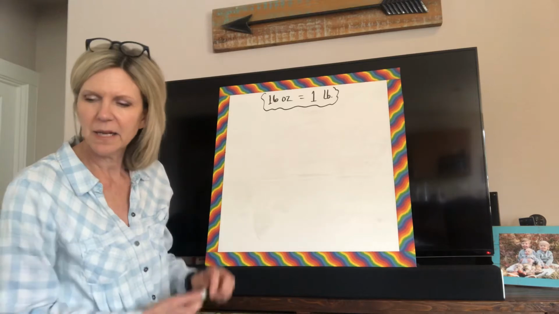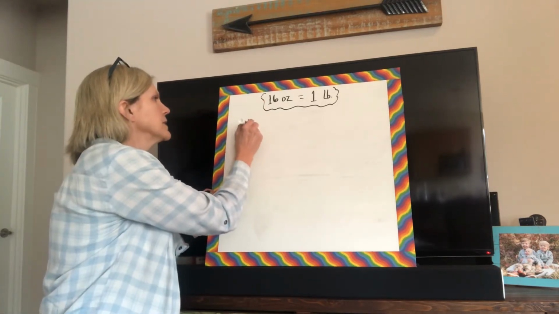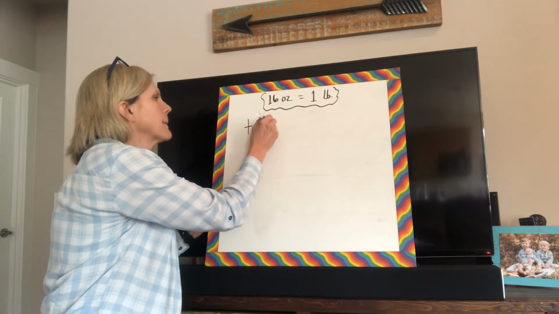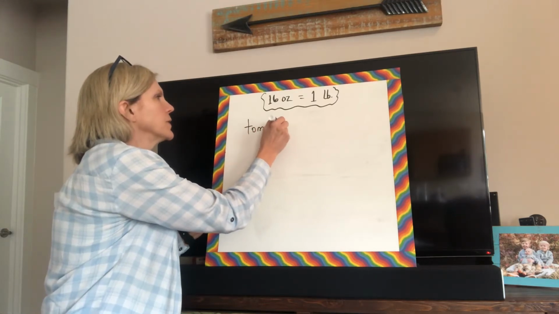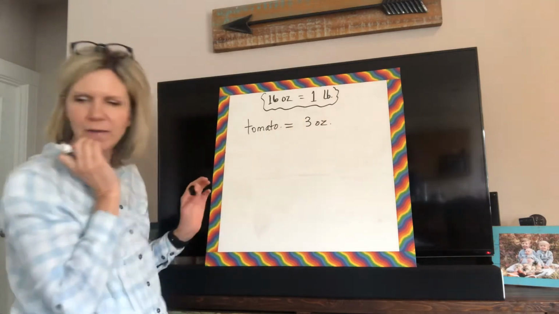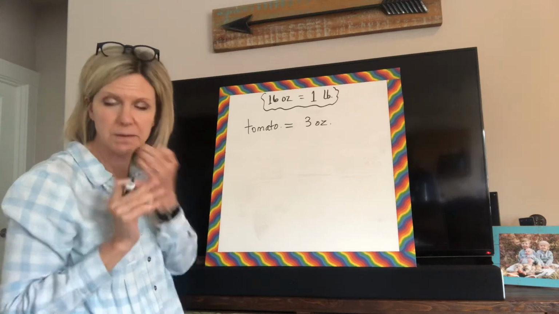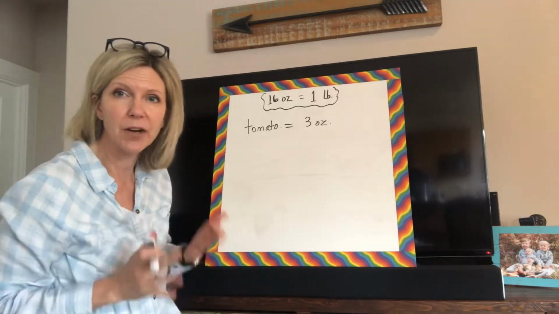It says that a tomato weighs 3 ounces. So I'm going to write that this tomato, you could even draw a picture if you wanted to, equals 3 ounces. Okay? So we have a tomato. Now when we have several items, even 2 items, it's a comparison. So you're going to compare.